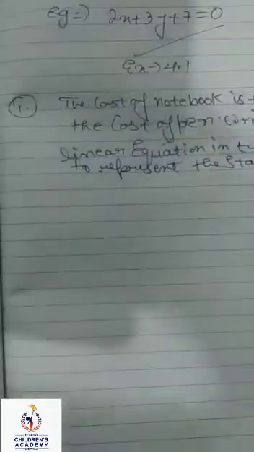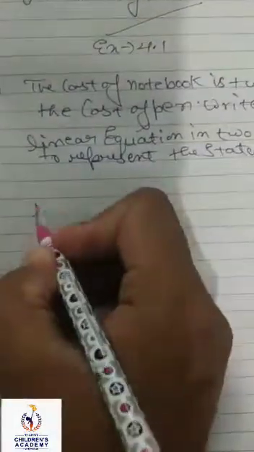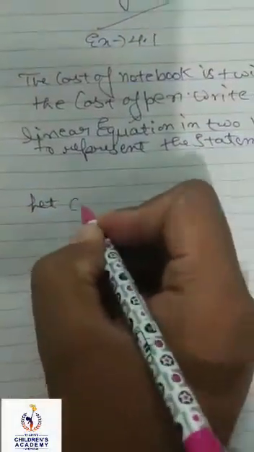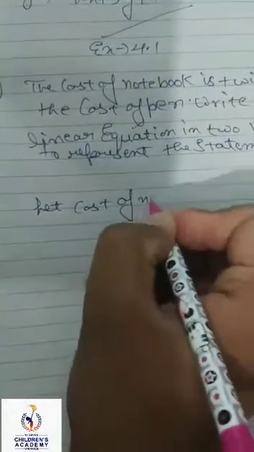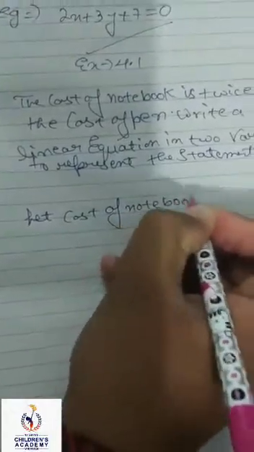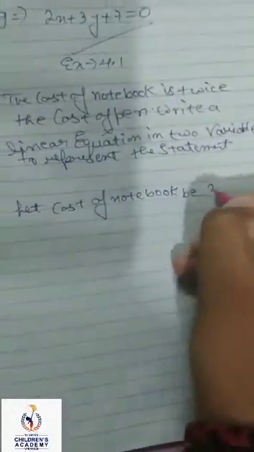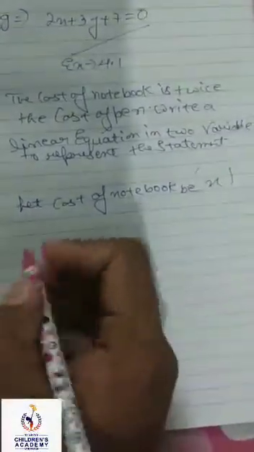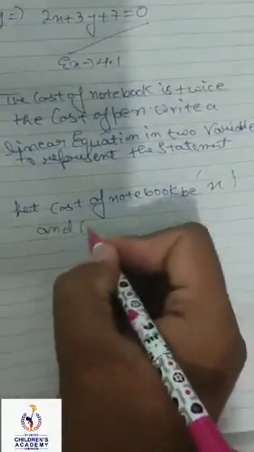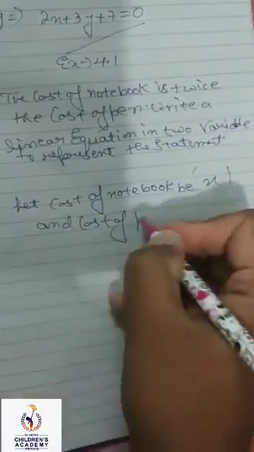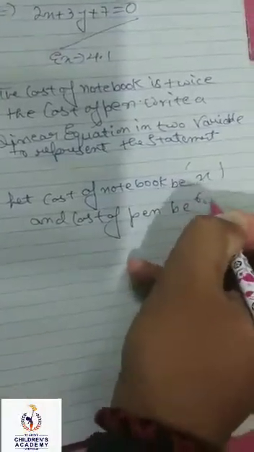Okay, so here the question is saying the cost of a notebook is twice the cost of a pen. So first of all, let the cost of the notebook be x and the cost of the pen be y.